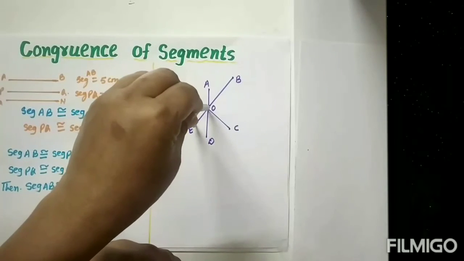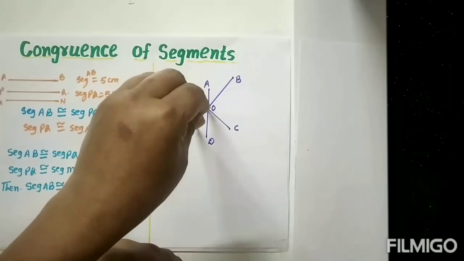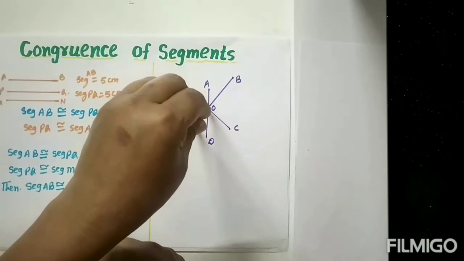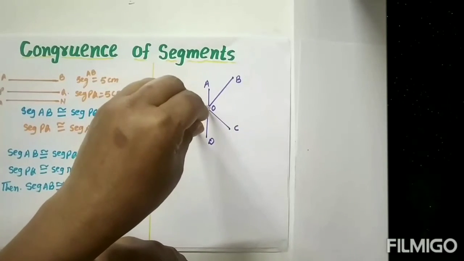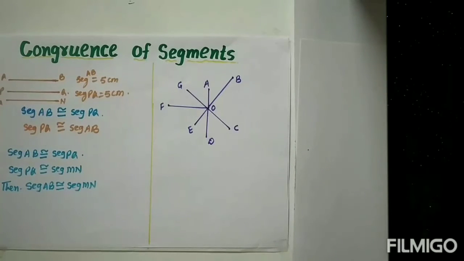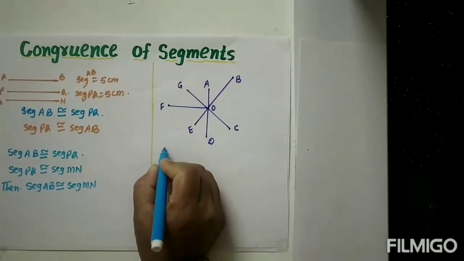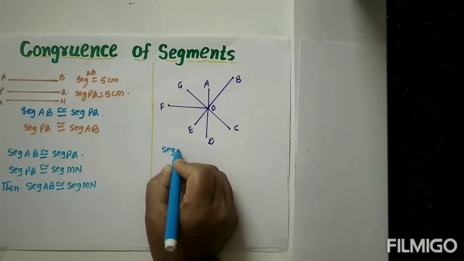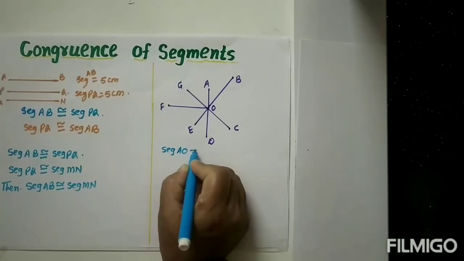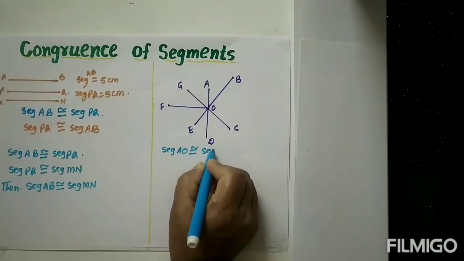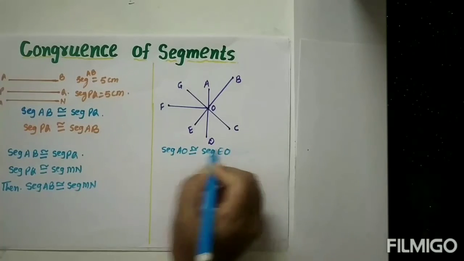Yes, this segment AO and segment EO, both the lengths are equal. Here we can say that segment AO is congruent to segment EO.